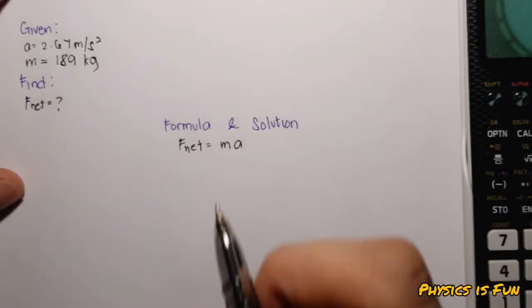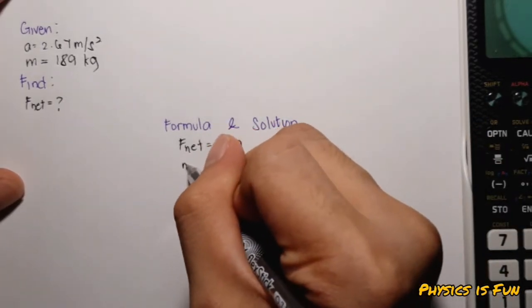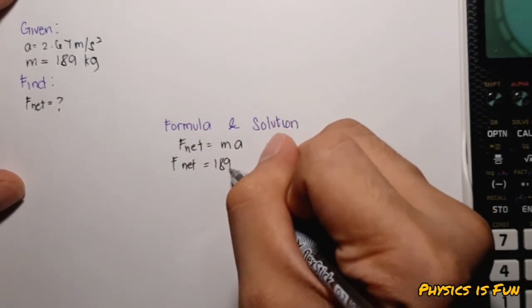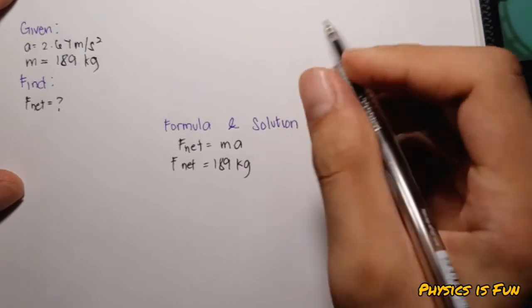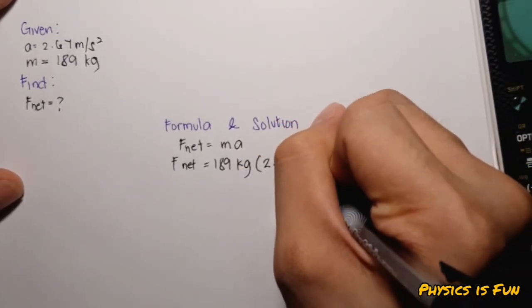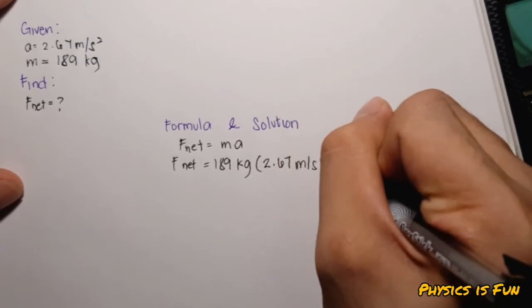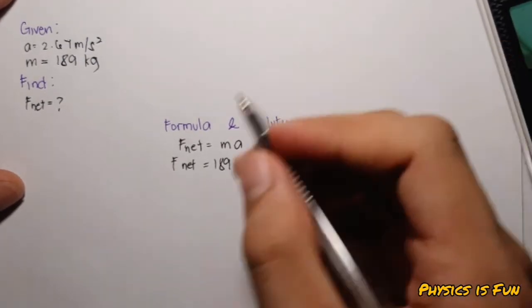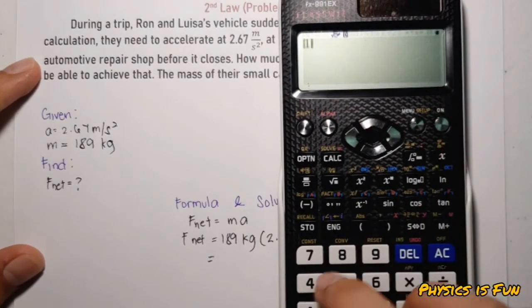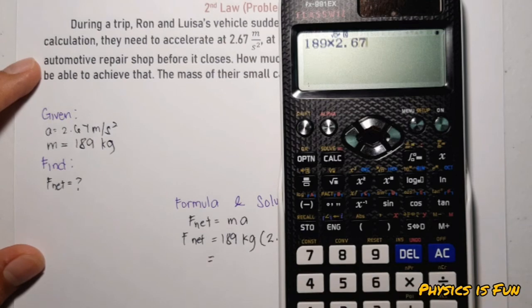Let's now substitute. Net force is equal to mass, which is 189 kilograms, multiplied by the acceleration, which is 2.67 meters per second squared. When we multiply that, that will give us 189 times 2.67.